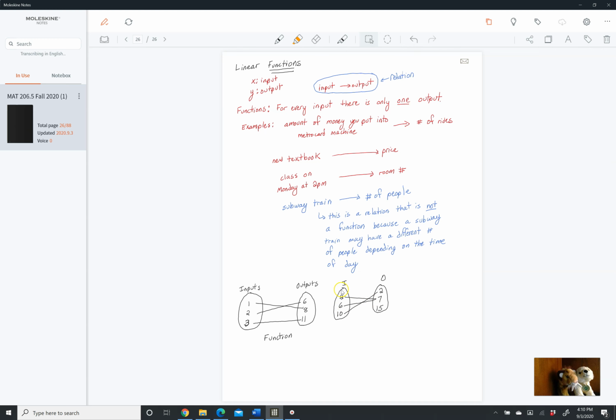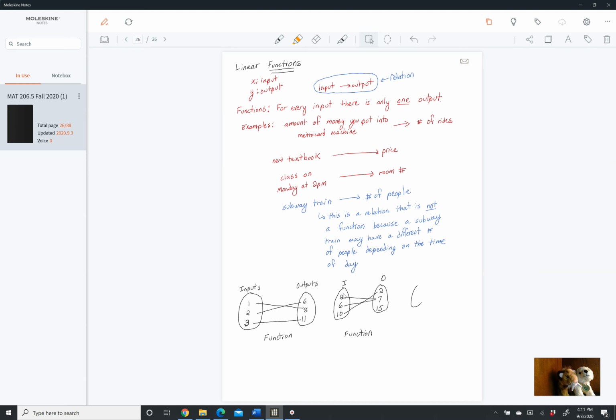It's okay that we got 7 for 2 as well. It's that every input only gives us one output, and so far that's true. A 2 gives us only a 7. A 6 gives us only a 7. A 10 gives us only a 2. So this is a function, okay? Essentially what you're looking for is that only one line comes out of each input, and that's the case here.